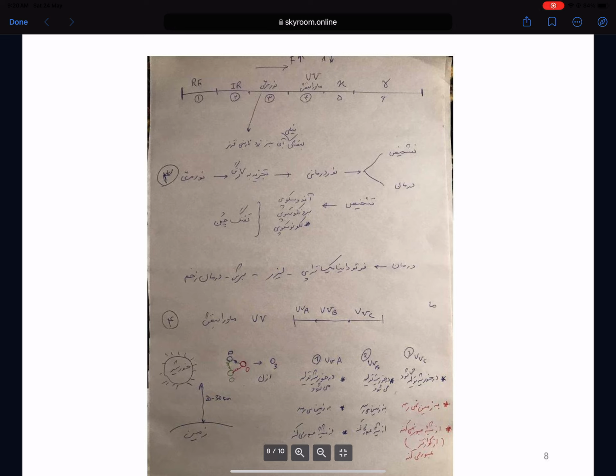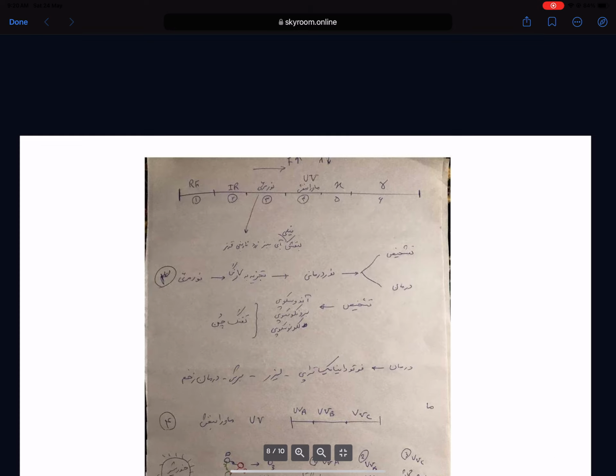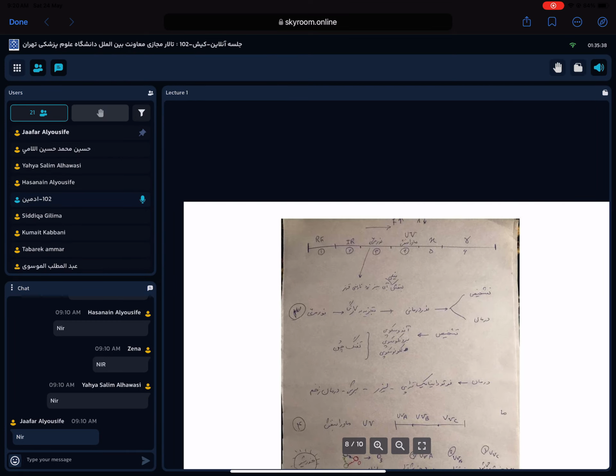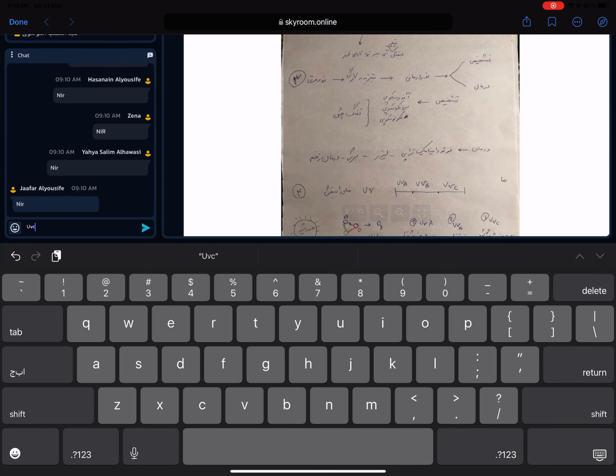So again, my question: which one has the highest frequency? Thank you very much. UVC, and now I can tell you that from UVC upward, it's cancerous.